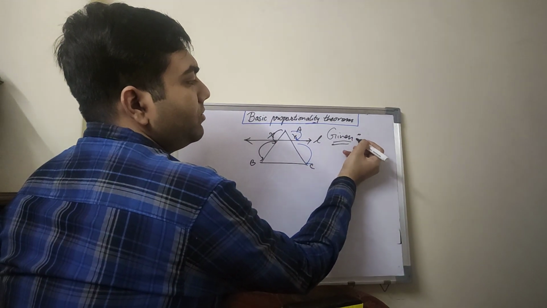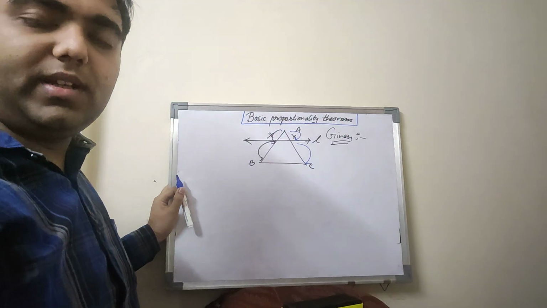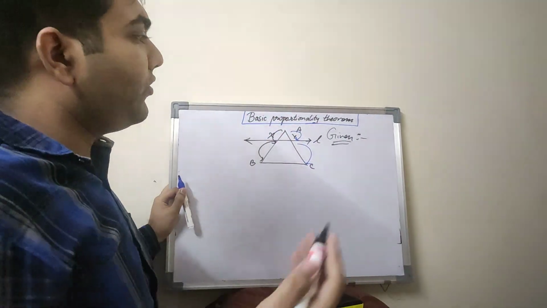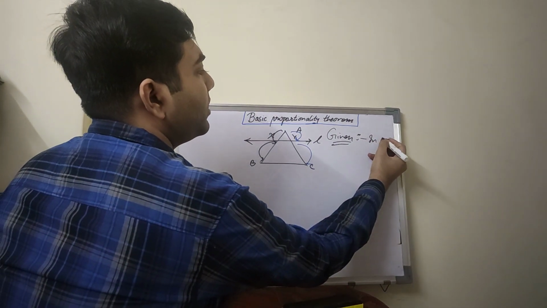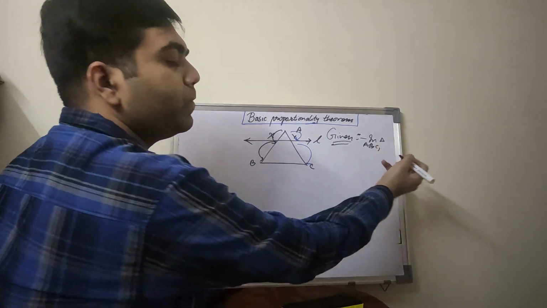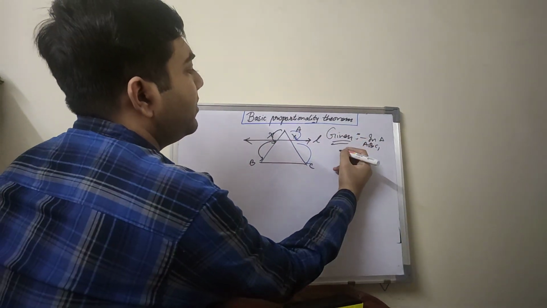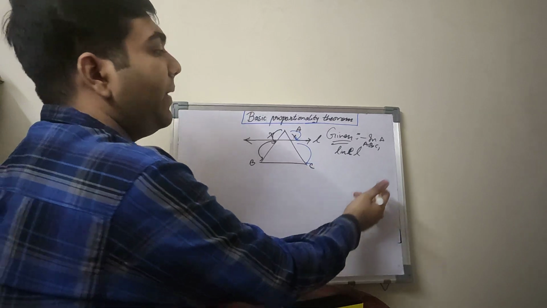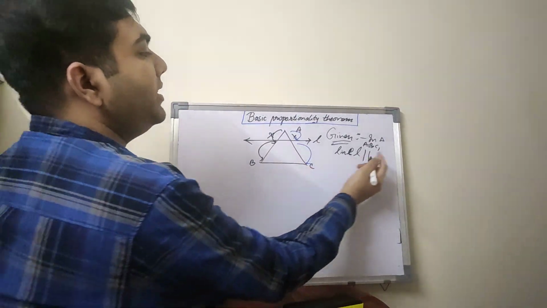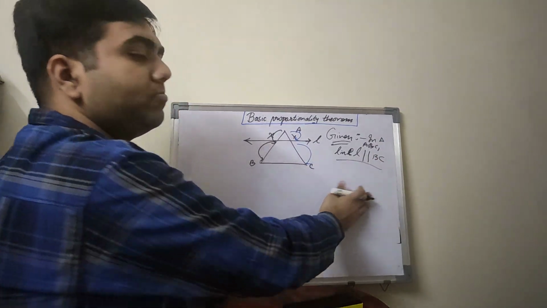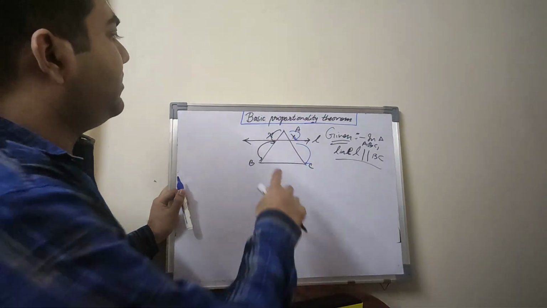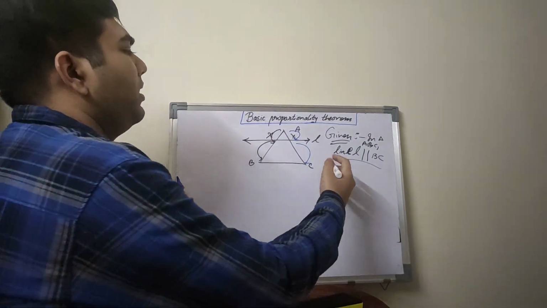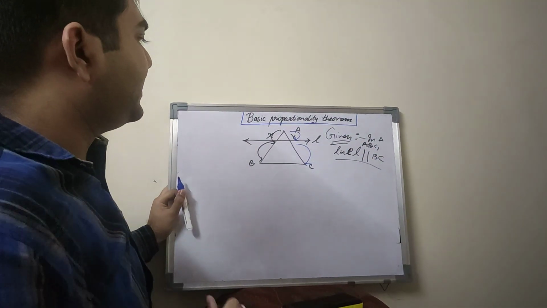I always start, it's a habit, you need to start the proof with what you have been given. You have been given a triangle, in triangle ABC. In triangle ABC, what's given? Line L is parallel to side BC. Additionally, you can write it cuts AB and AC in points X and Y. But I'm not going to write it for the lack of space.